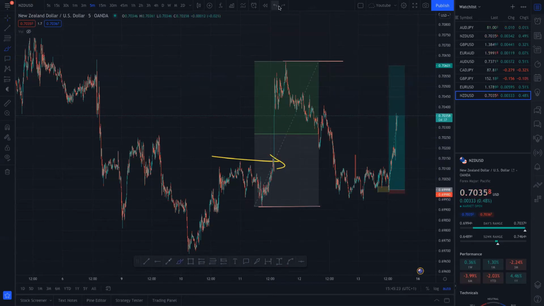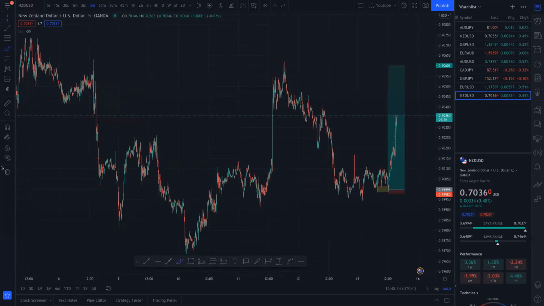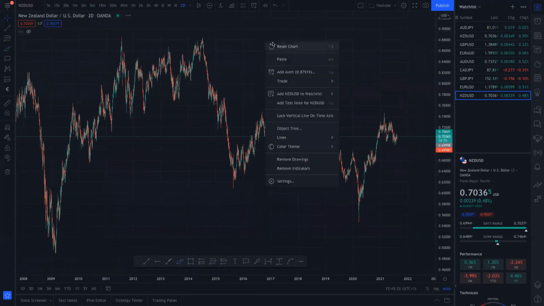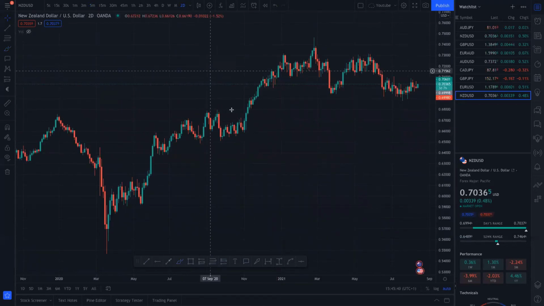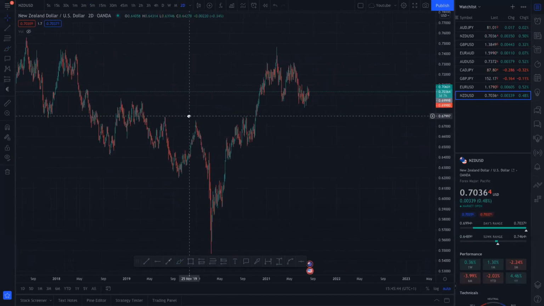Cool. So let's dive into today's trade using the concepts that I taught you so far in the order block strategy. Let's go from the top down. When I saw this pair a couple of days back, I was trying to find out what the current market is doing.